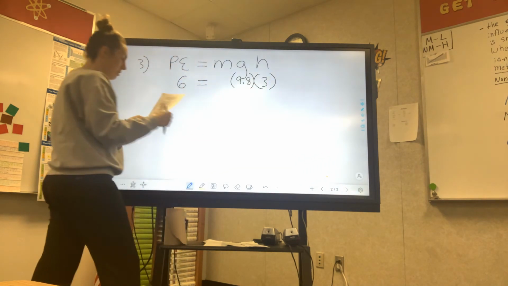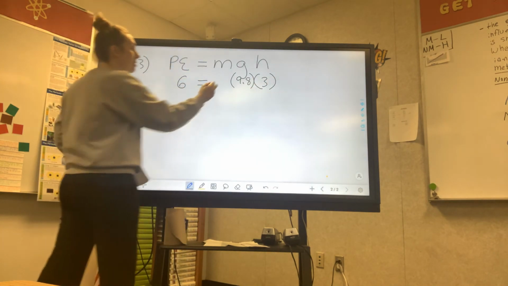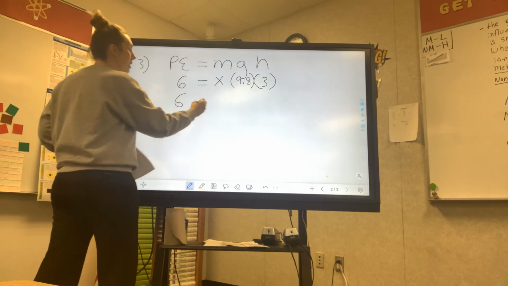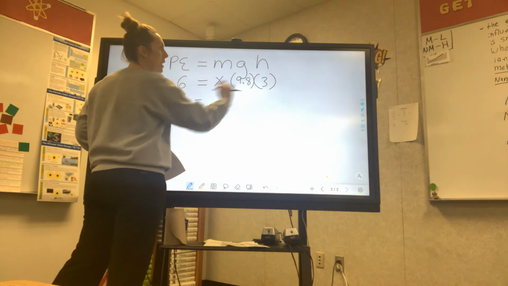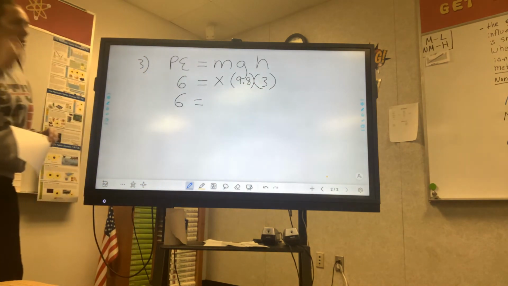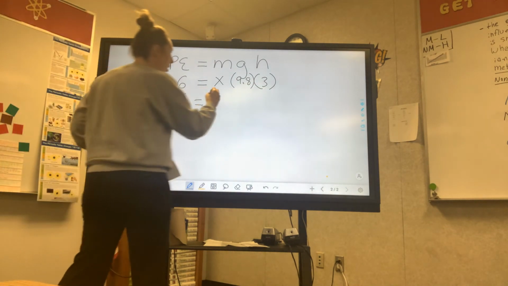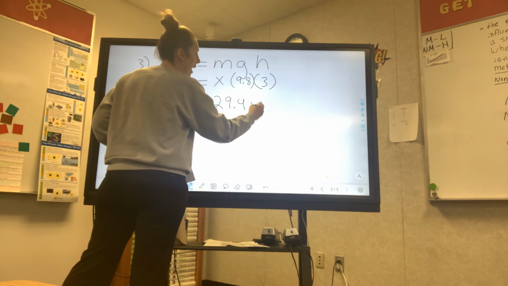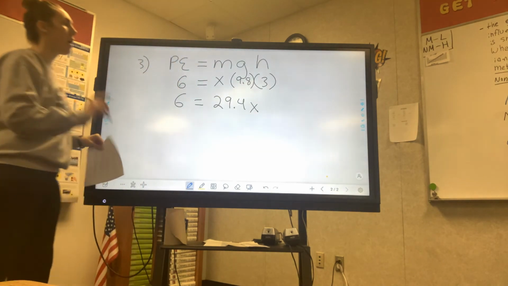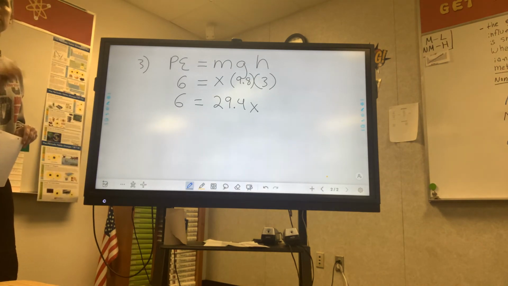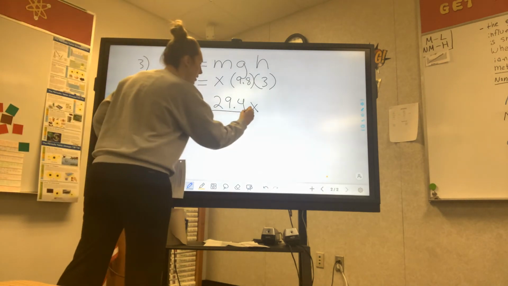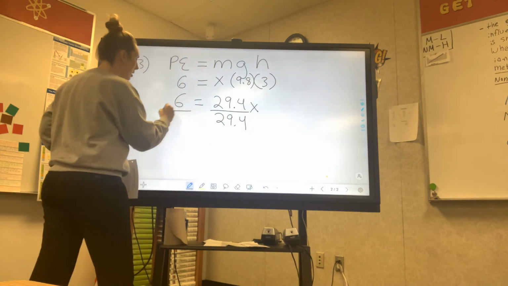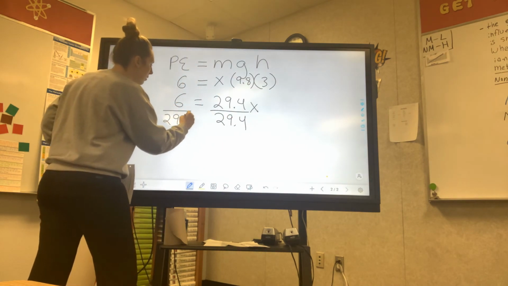What's our x? What is the mass? So here is our x. First thing I would do is say 6 equals, what is 9.8 times 3? 29.4. So 6 equals 29.4 x. Now, how do we get x by itself? Divide this side by 29.4, and divide this side by 29.4.